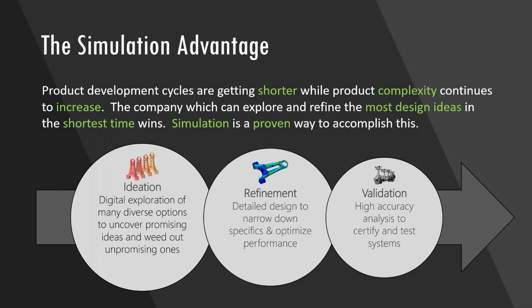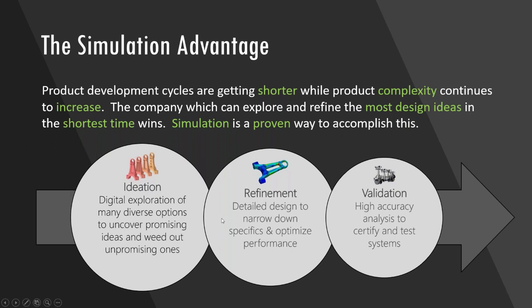So just a little background, the product development cycle: customers are asking for products quicker, and that's causing companies to shorten their design time. There's three phases, really: the idea or concept time, the refinement, and validation.